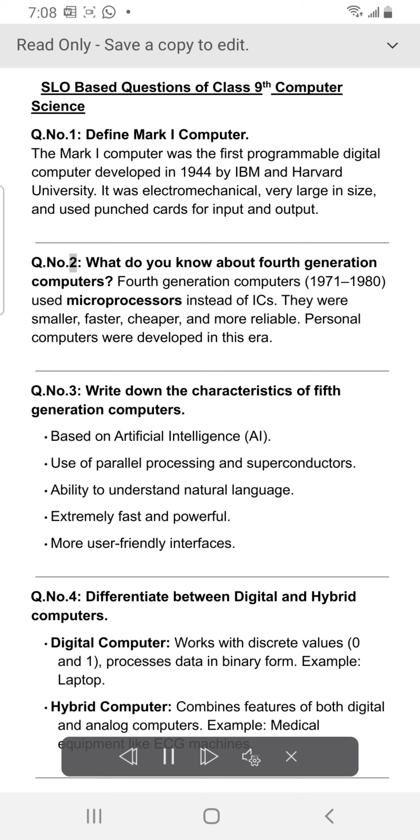Number 2. What do you know about fourth-generation computers? Fourth-generation computers, 1971 to 1980, used microprocessors instead of ICs.